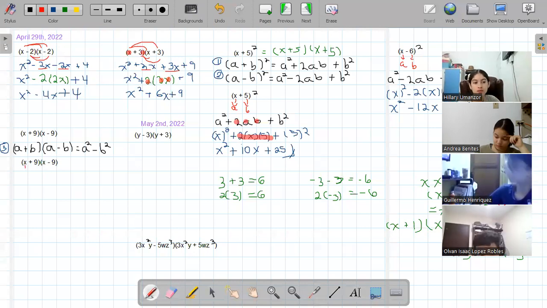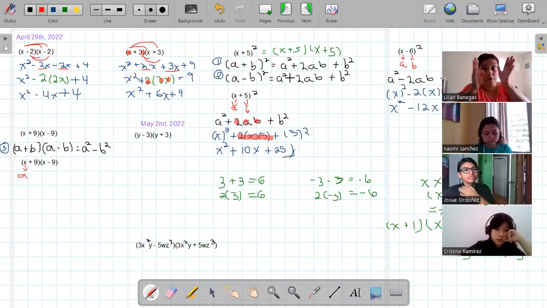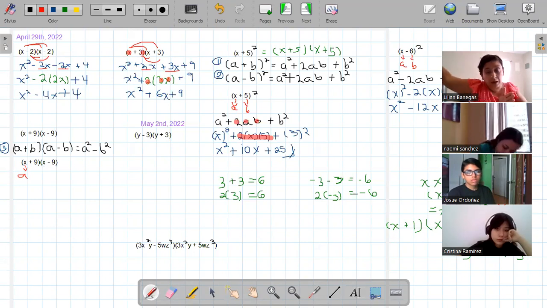The first one, the x, this is going to be a. Just as in the first 2 formulas, from the sign to the left, everything that you have there will be a, and from the sign to the right, everything that you have there is going to be b. So in this case, what I have to the left is x, and what I have to the right of the sign, in this case the addition sign, that's b. And what part am I using right now?